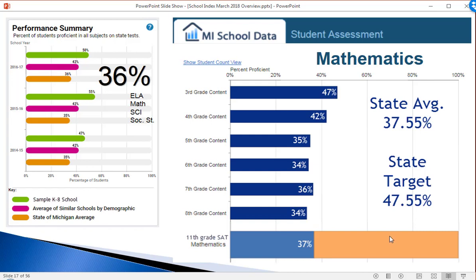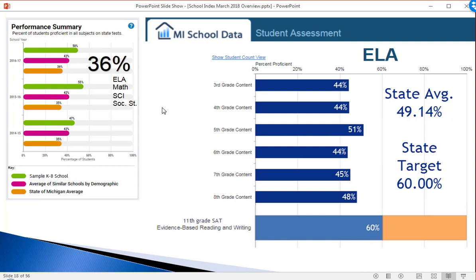A similar pattern is found on ELA, so if we switch to ELA, we see that the state average for ELA is a bit higher. It's 49%. 75% of schools are below 60%, so the state target was set at 60%.